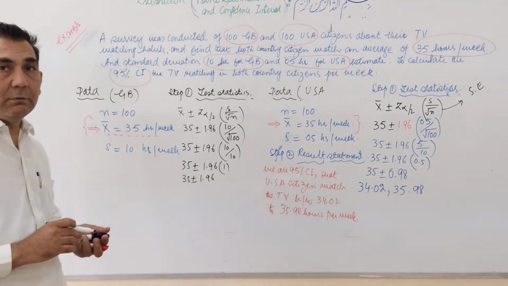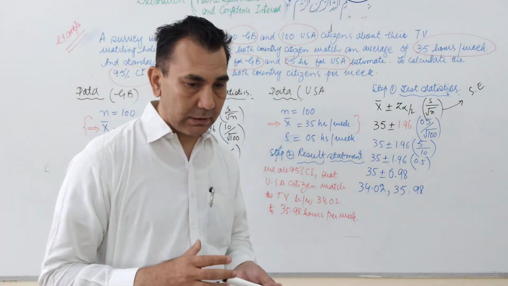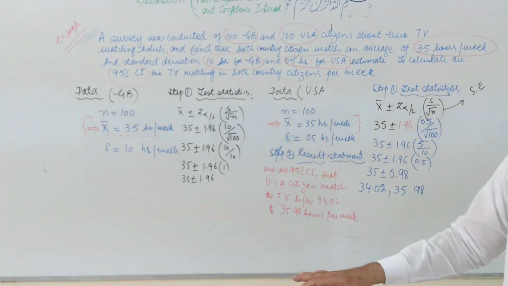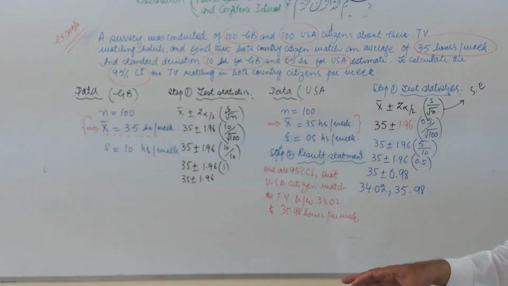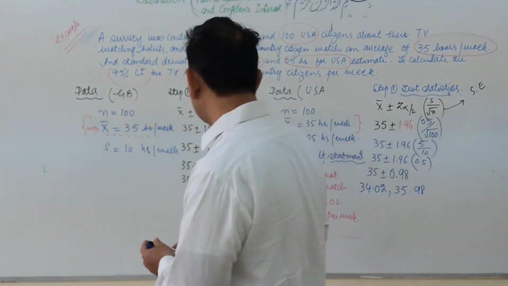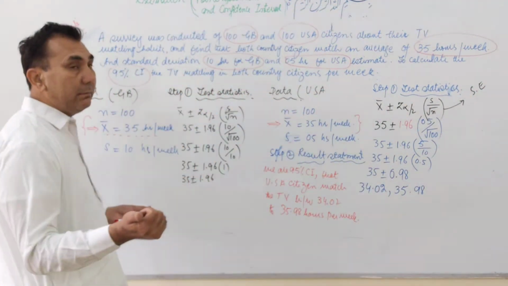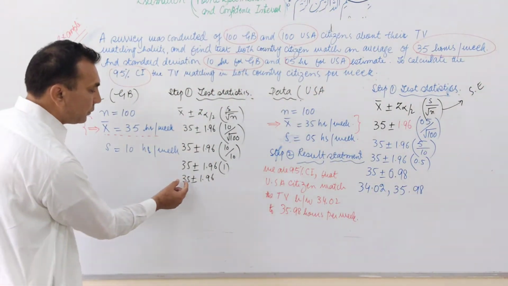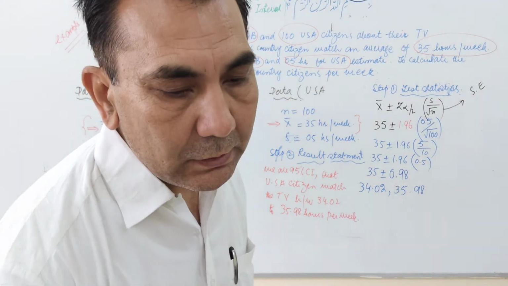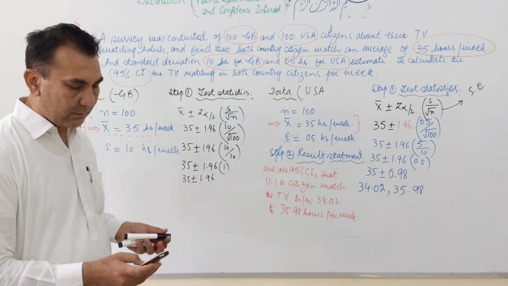Now one time we will add 1.96 to the 35 point estimate, and the second time we will subtract it. You should always keep in mind that first you should subtract, then you go for the plus one.